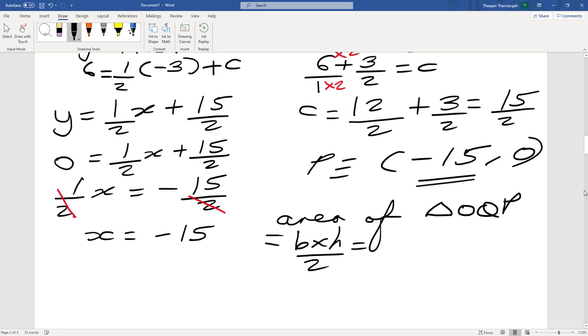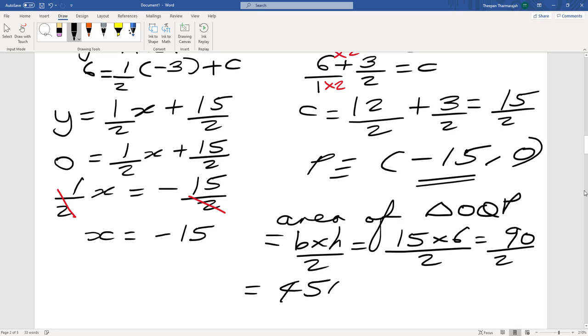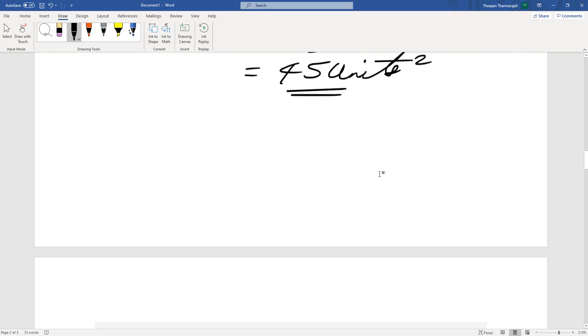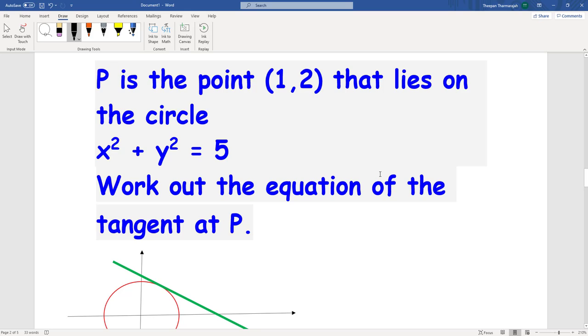So in our case, it's going to be 15 times 6 divided by 2. That gives me 90 divided by 2, and that will give me 45. Normally in maths we write units squared when we don't know the area, so we're going to say 45 units squared. And that's it. So I've got another question which you could try. You can pause the video, and when you're done, we'll go through the question.